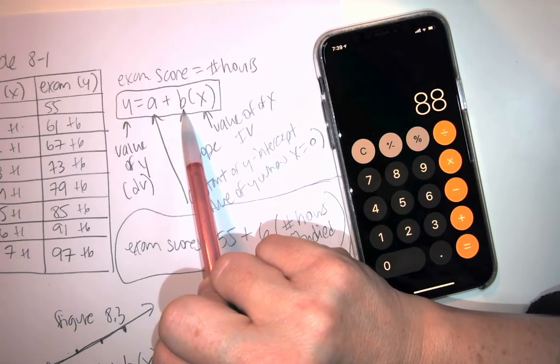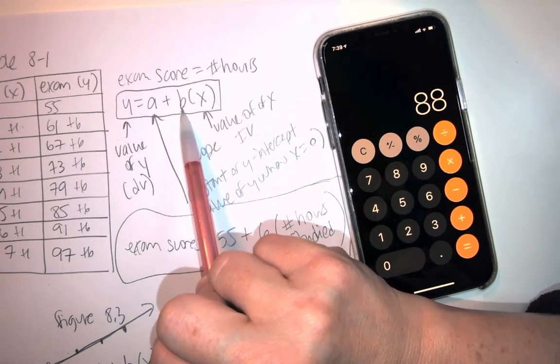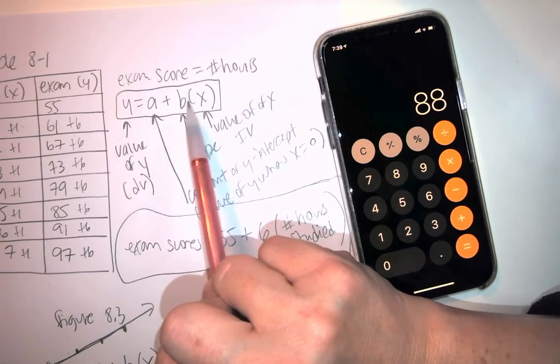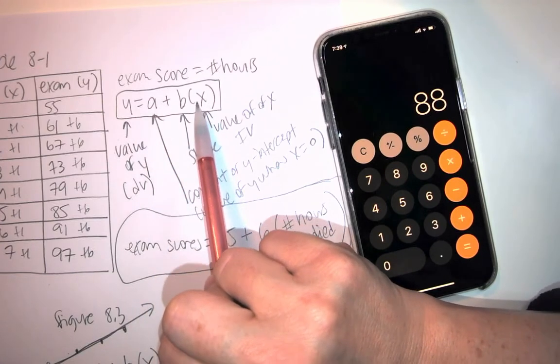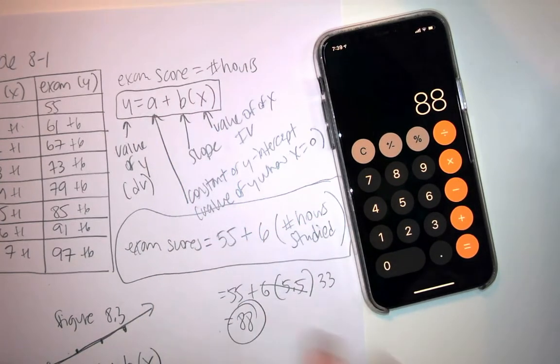That is how much Y changes as X changes. And X is the value of X. So that's the simple introduction to bivariate regression introduced in Chapter 8. We looked at Table 8.1, and then we plotted out Figure 8.3, and that's the end of our example.